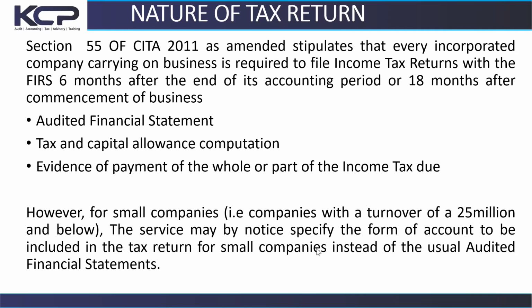For a company whose year end is 30th of June, when will the tax returns be due for filing? If the company's year end is 30th of June, the company has prepared accounts to 30th of June of 2021.